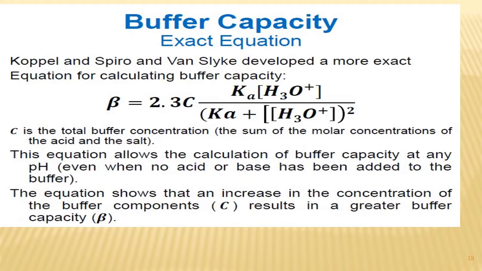The equation shows that an increase in the concentration of the buffer component C results in a greater buffer capacity. It means when C increases, it results in a greater buffer capacity beta. You will check some examples in the next pages and understand this equation more.